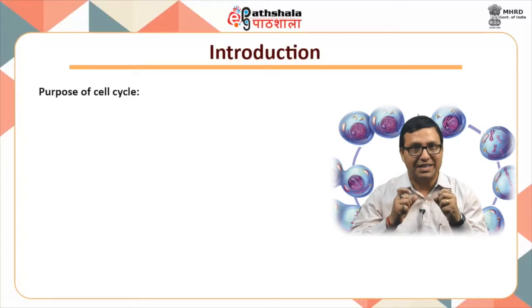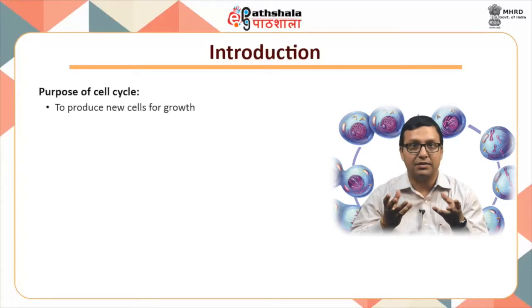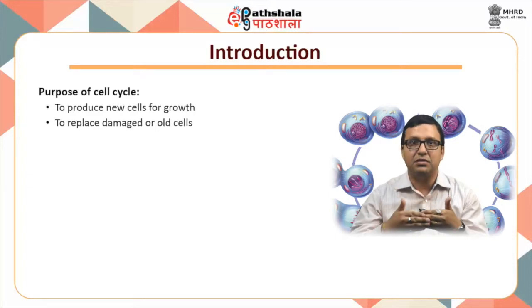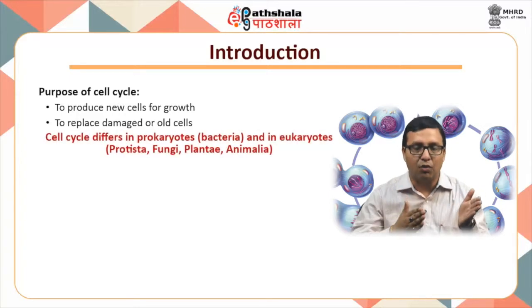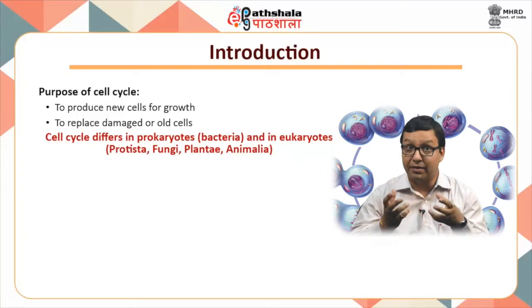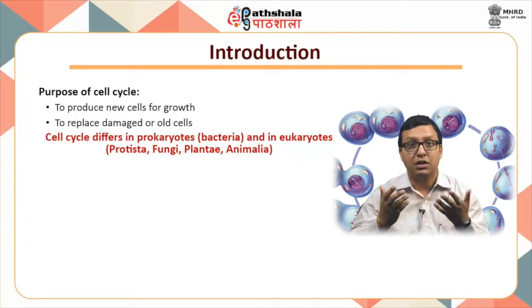No. Basically, cells divide to produce new cells for growth as well as replacement of damaged old cells. Cell division differs among prokaryotes, including bacteria, and eukaryotes, including protista, fungi, plantae, and animalia.